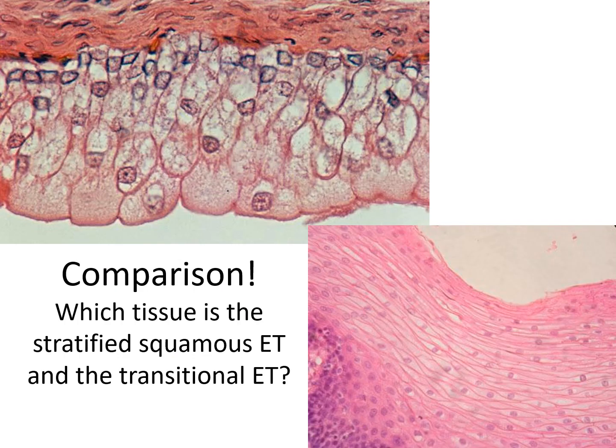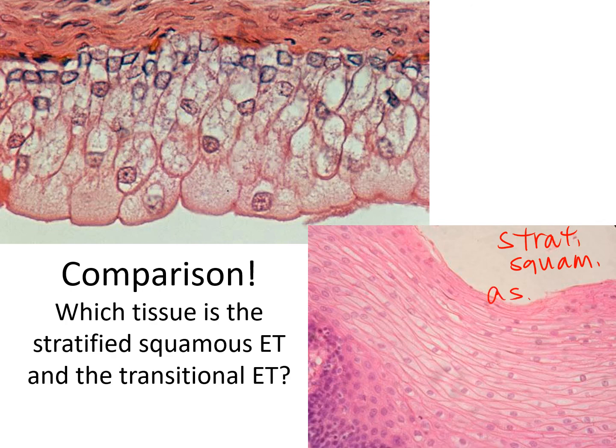So just for comparison, which one of these is stratified squamous epithelium and which one is transitional epithelium? The one on the right is stratified squamous. And I know that because I see flattened layers, I see a fairly flat nucleus, and I definitely see flattened cells toward the apical surface.